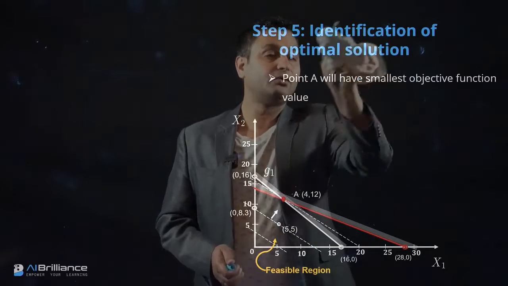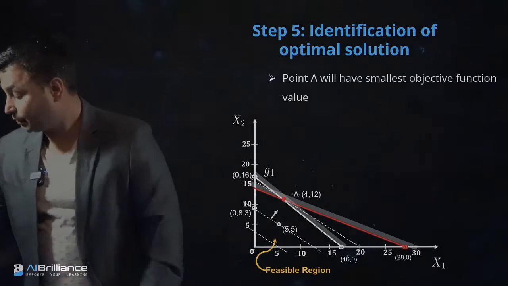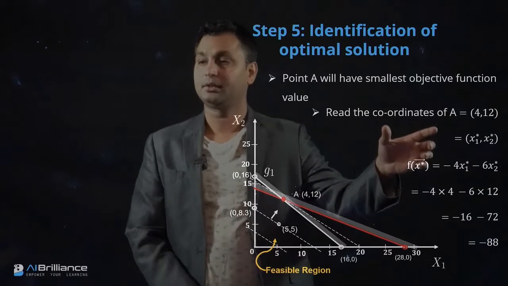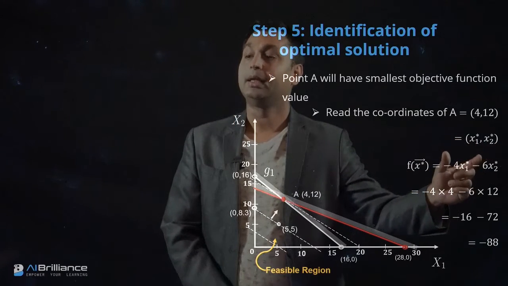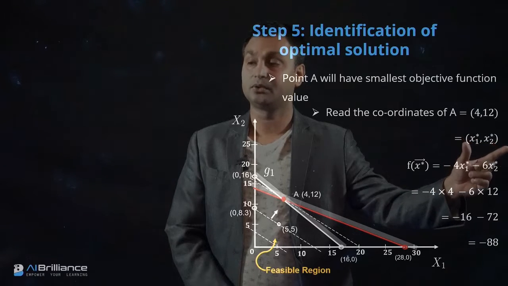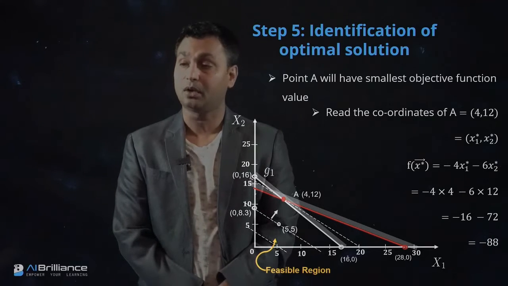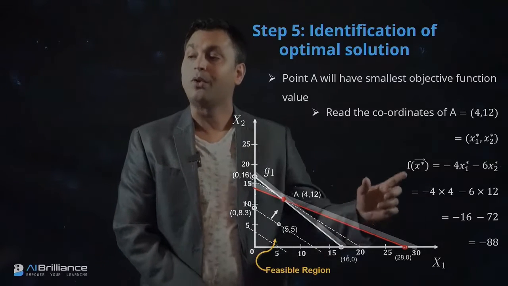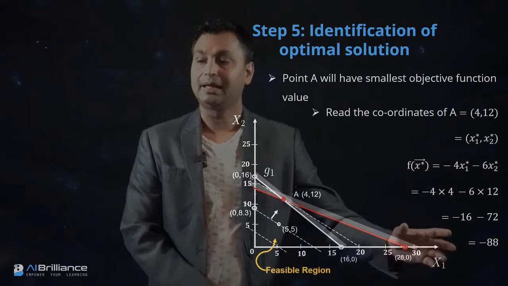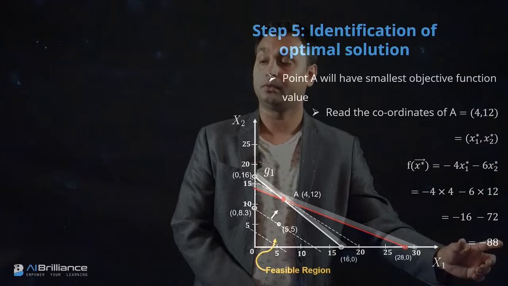We read the coordinates, which give x1 and x2, and once we know x1 star and x2 star, I can substitute them and find the lowest value of the objective function that we can get while being feasible, respecting all the constraints, and that comes out to be minus 88. So at x1 star, x2 star, this will be minus 88.